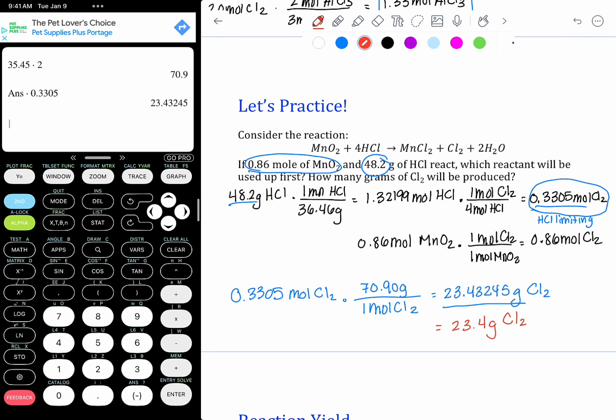So the MnO2 did not contribute to calculating the mass of chlorine that was produced because that's our excess reactant. So its value does not come into play in the significant figures determination because its number was not used to find the final value.